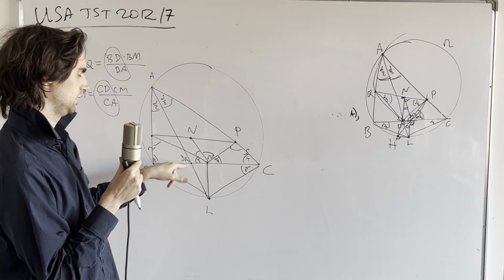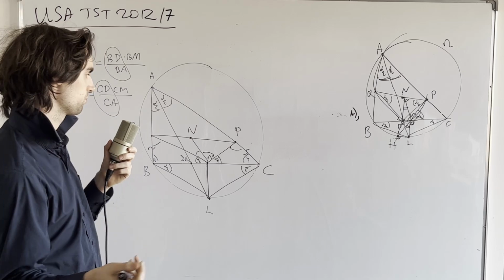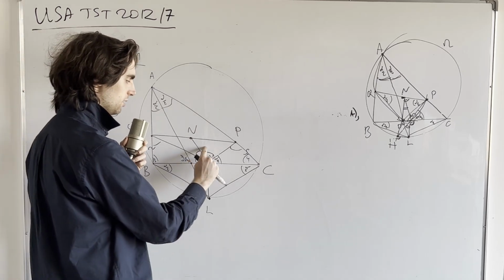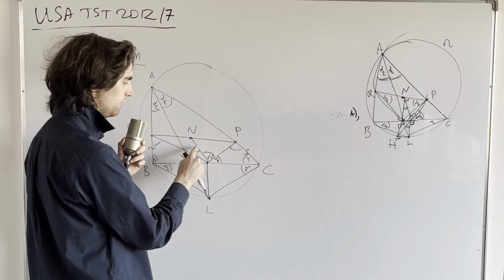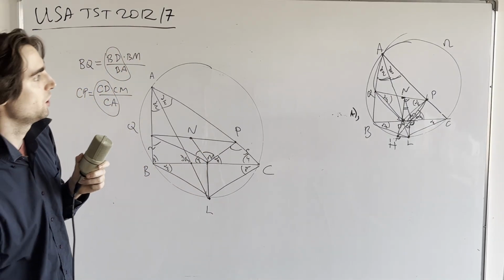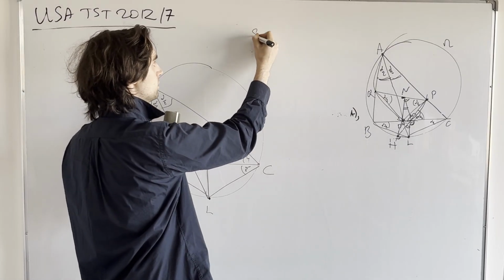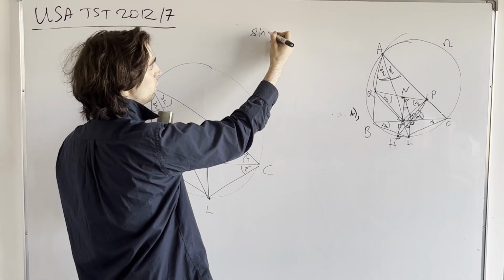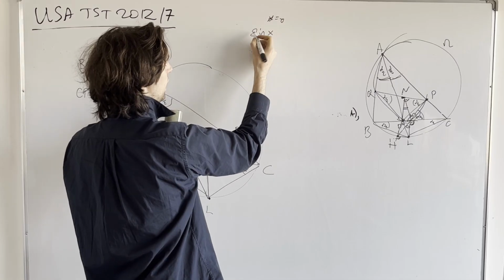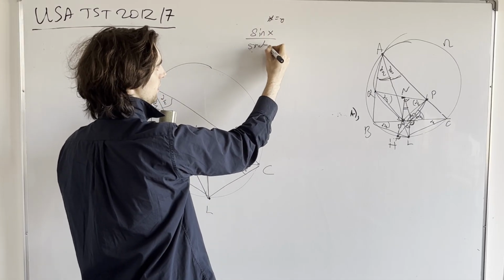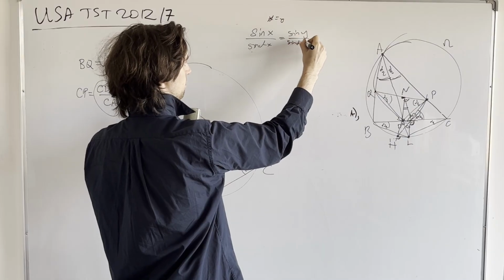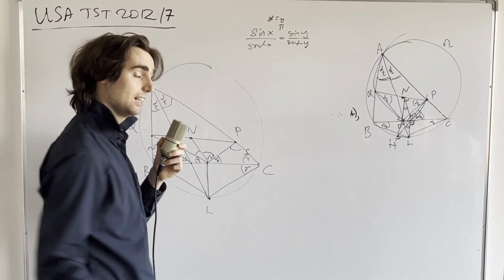The sum of these angles is 180 minus alpha. We want to show that these are beta and gamma. What's one way of doing that? Well, by a lemma we know from other problems: if I want to prove that x is equal to y, I can prove that sine of x over sine of alpha minus x is equal to sine of y over sine of alpha minus y. This implies x equals y.